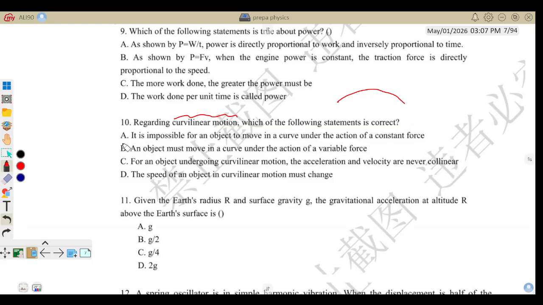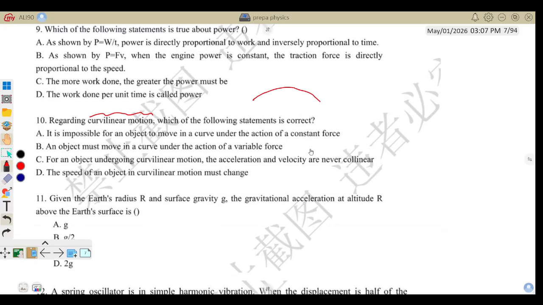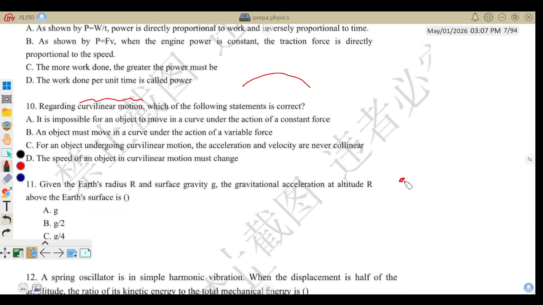For A, it is impossible for an object to move in a curve under the action of a constant force. This is not a good one. If we are studying the projectile case, this projectile will form a curvilinear motion, even though it is under a constant force, which is the weight.